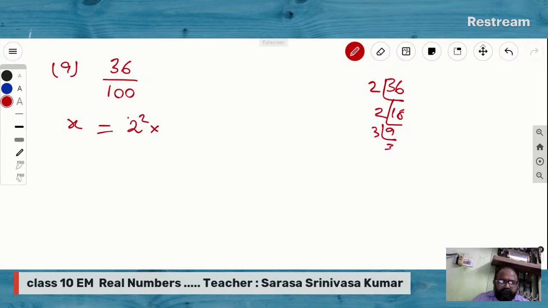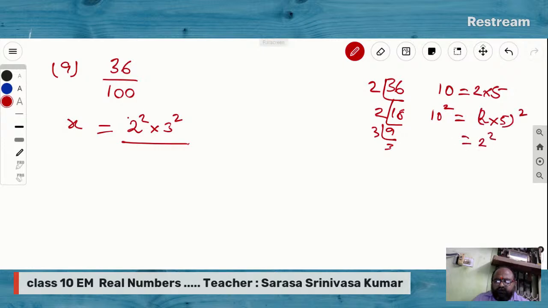So 2 square multiplied by 3 square. 10 equal to 2 multiplied by 5, 10 square equal to 2 multiplied by 5 whole square, that equal to 2 square multiplied by 5 square. So denominator can be written as 2 square multiplied by 5 square. On cancellation we get 3 square by 5 square.